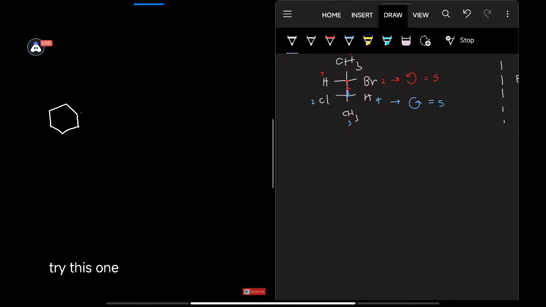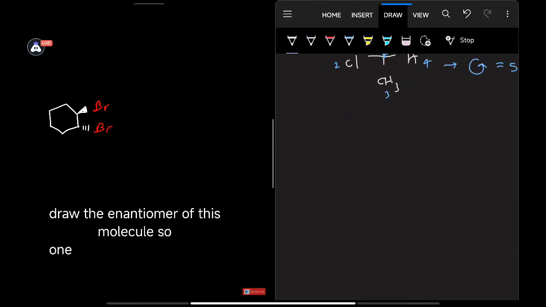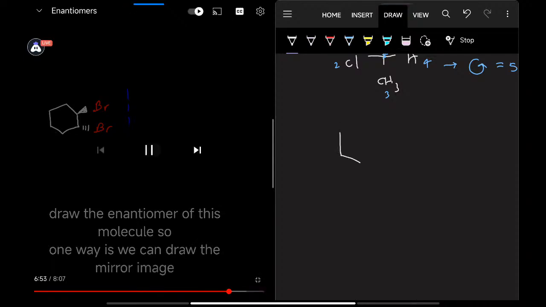Try this one. Draw the enantiomer of this molecule. So one way is we can draw the mirror image of it.